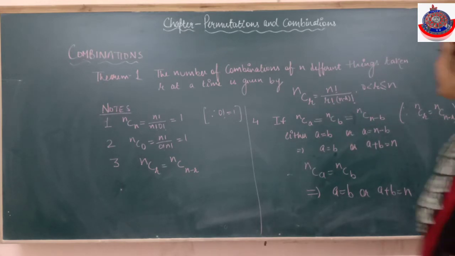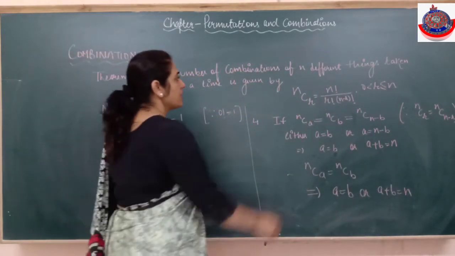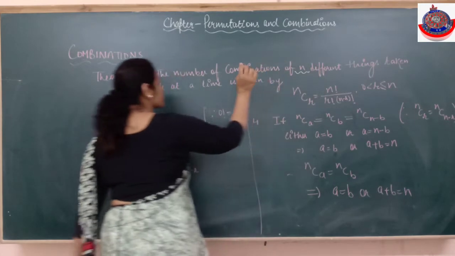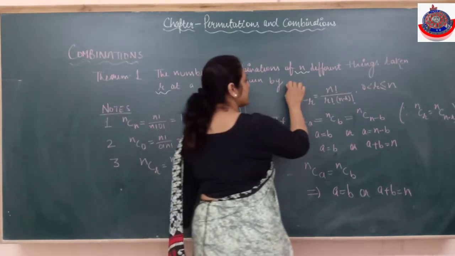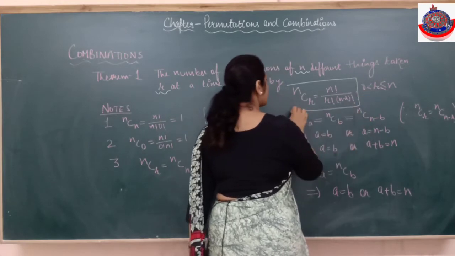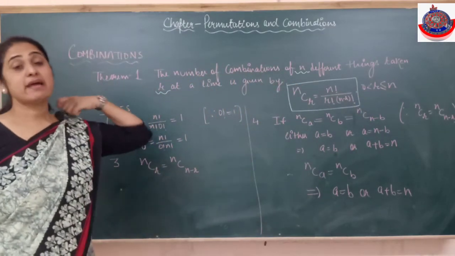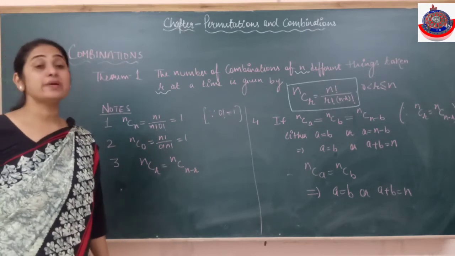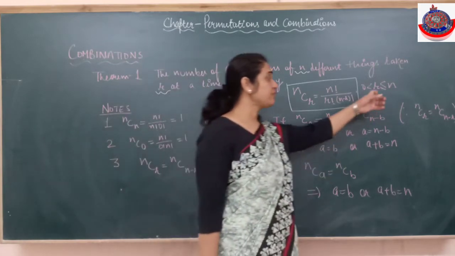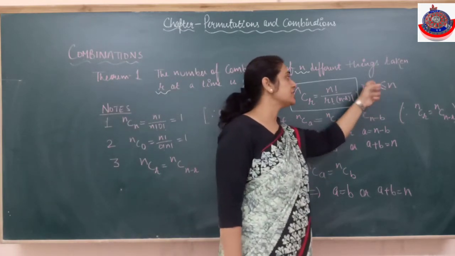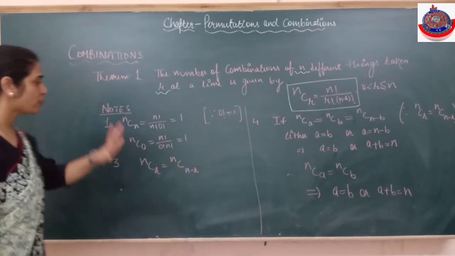The number of combinations of n different things taken r at a time, that means groups possible, is denoted by nCr is equal to n factorial upon r factorial into n minus r factorial. This is how we are going to open nCr. Is it clear? The condition remains the same which we did in permutation: r is greater than 0 and less than or equal to n. Alright, so that we have already explained.